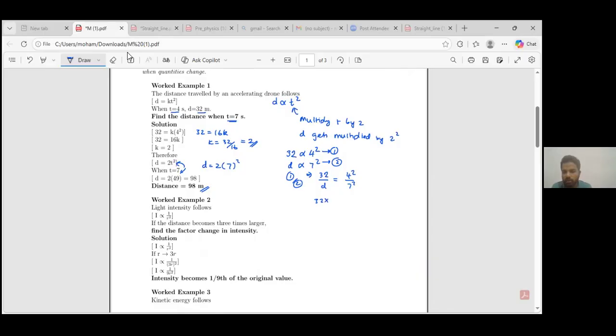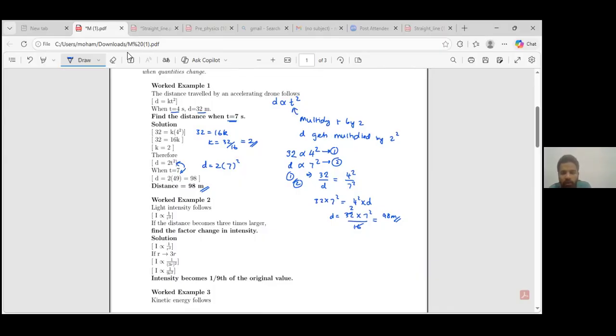So 32 into 7 squared equals 4 squared into d. So d equals 32 into 7 squared divided by 4 squared, which is 16. 32 by 16 is 2. 2 into 7 squared is 49. That's 98 meters.